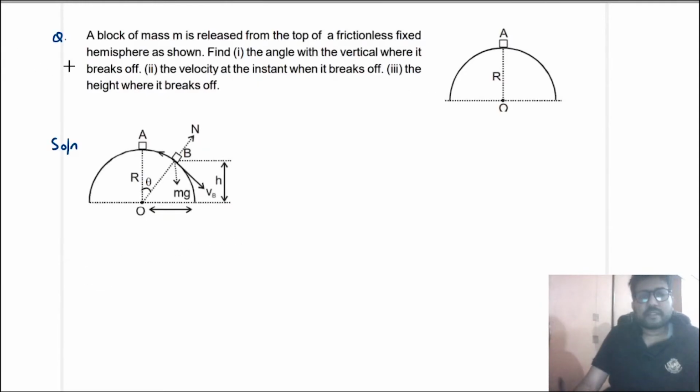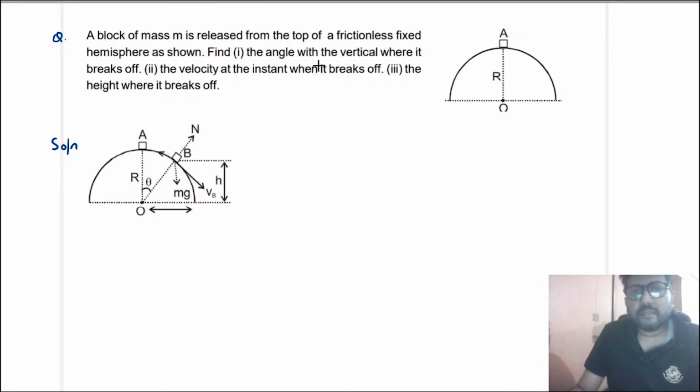Okay, now let us look at this question. In this question it is given that a block of mass m is released from the top of a frictionless fixed hemisphere. So this is a fixed hemisphere and this block of mass m is released from this hemisphere as shown.